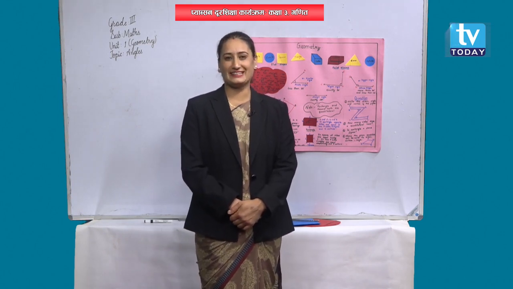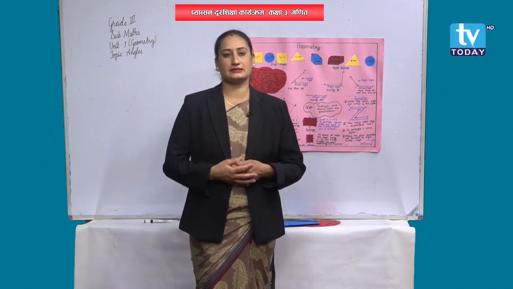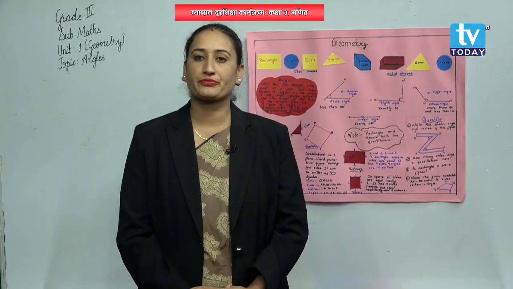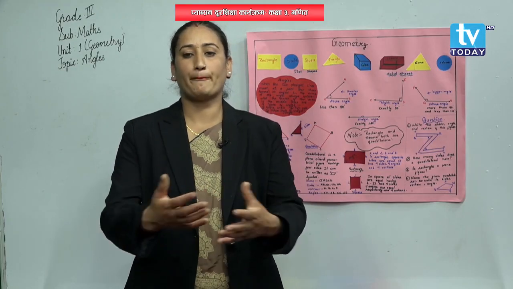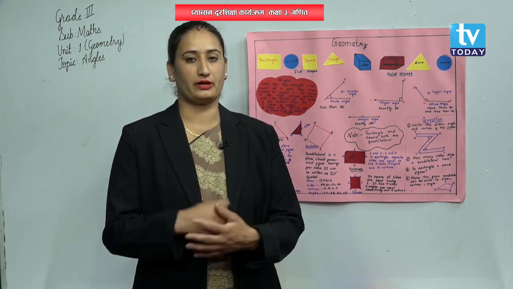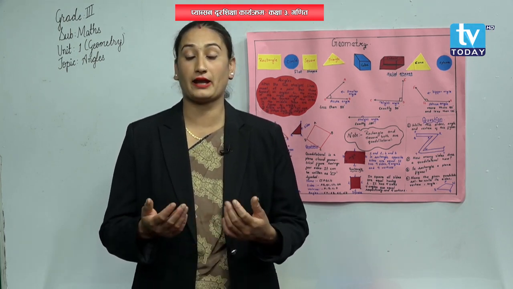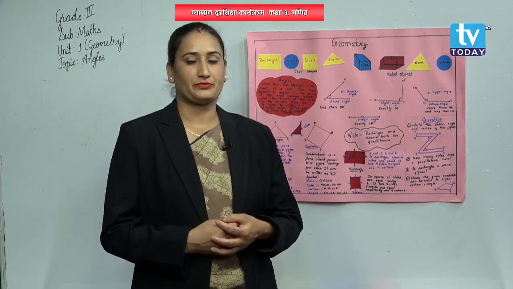Of course, right? We also call 2D shapes flat shapes. Why do we call them flat shapes? Because they are made on a plain surface or plain paper, right? We can make them on plain paper as well, so that's why it's a flat surface, and we call them flat shapes.